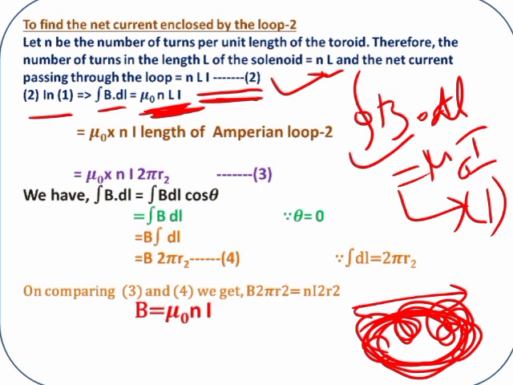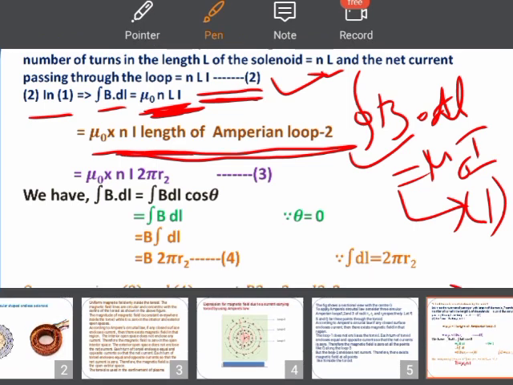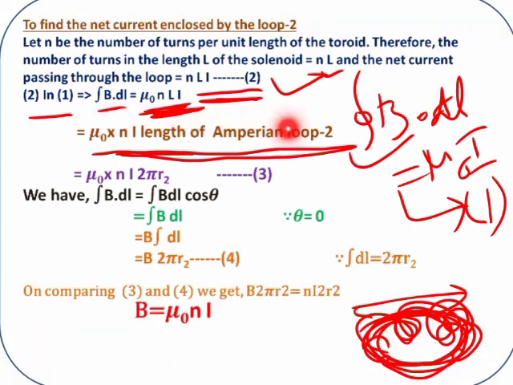The next step, mu naught into N I, where L is the length of the Ampere loop 2. We are interested in loop 2, there is no question of loop 1 and 3, there the magnetic field is 0, so we are interested only in loop 2. So L means length of the second loop.